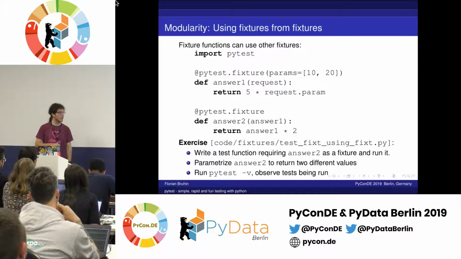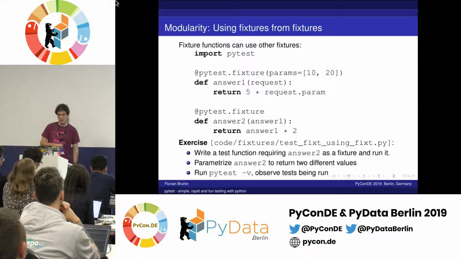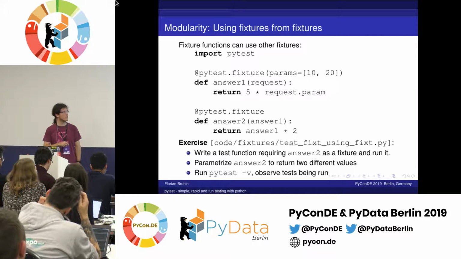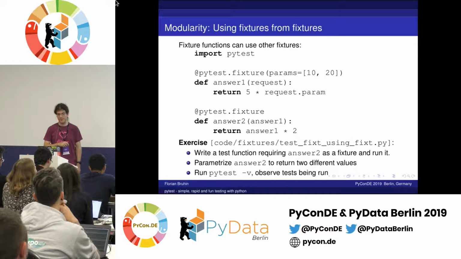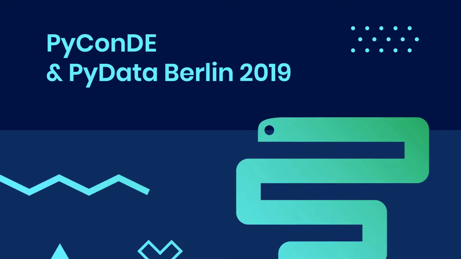Write a test function there using the answer2 fixture. Also parameterize answer2 to return 2 different values, similar to what we did above. Then run pytest with -v for verbose and see what tests or what combinations of tests are being run.